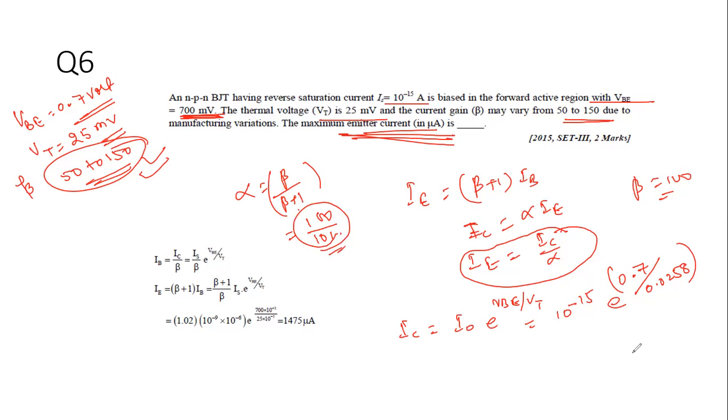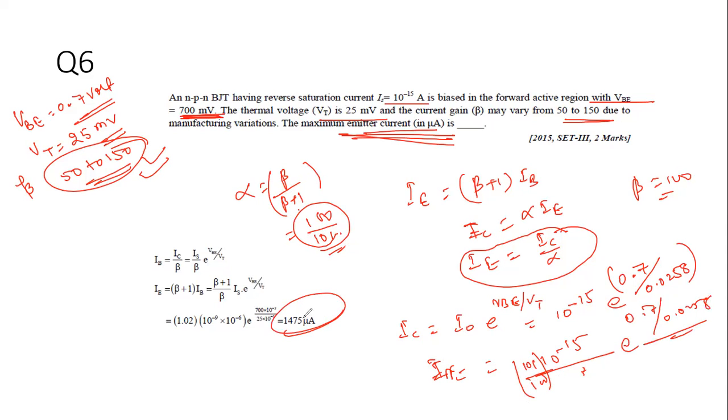So IE becomes 10 raised to the power minus 15 divided by alpha, and 1 by alpha is 101 by 100, times e raised to the power 0.7 by 0.0258. After putting in the values, you will get 1475 microampere. This is 1.475 milliampere, or you can say 1475 microampere is the right answer.